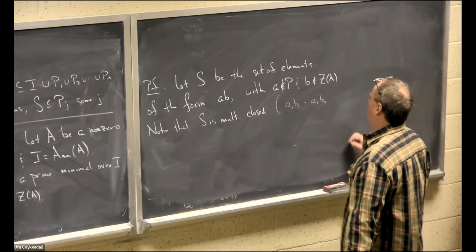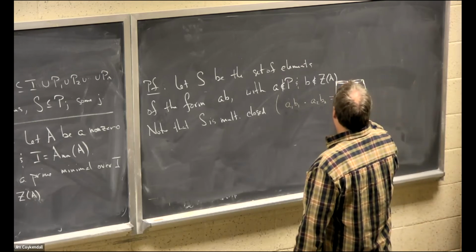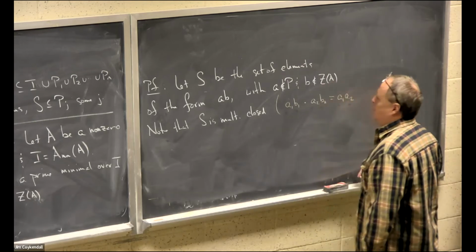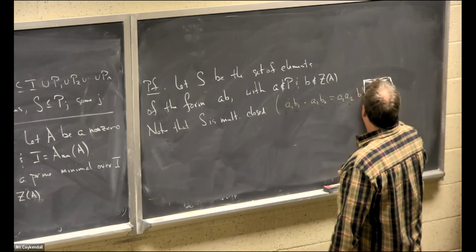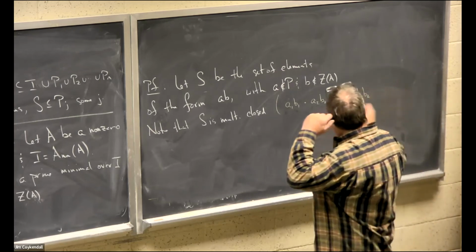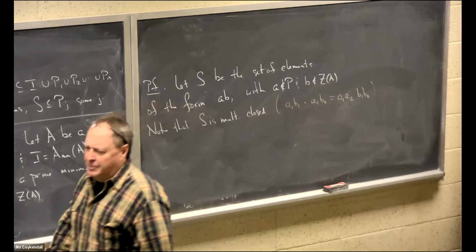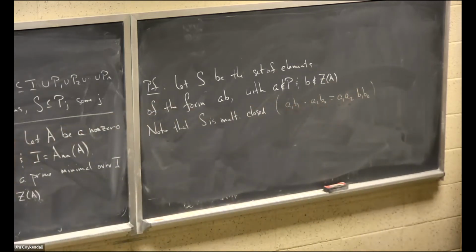Then this is not in P because P is a prime ideal, and this is not in Z(A). So this is a multiplicatively closed set, and I claim that this set is disjoint from I.